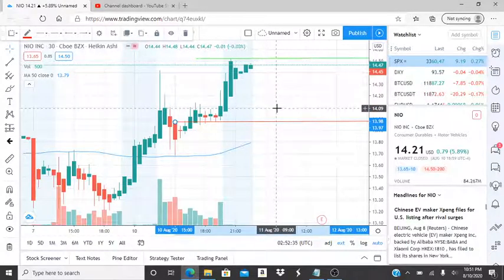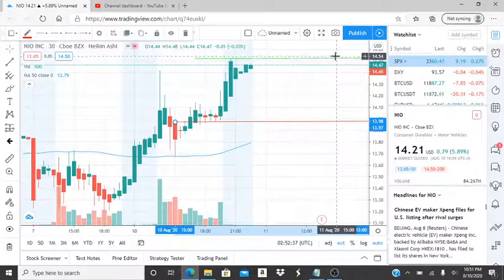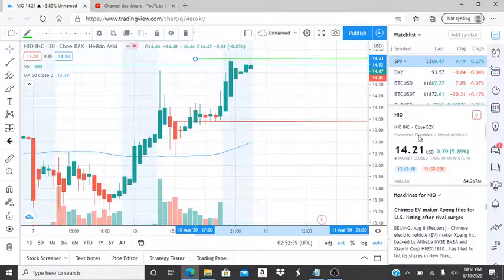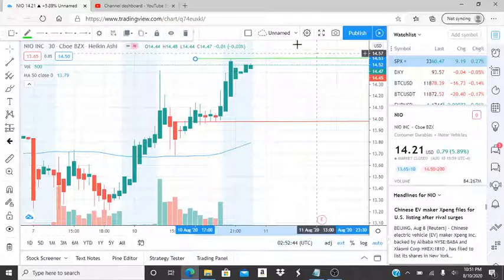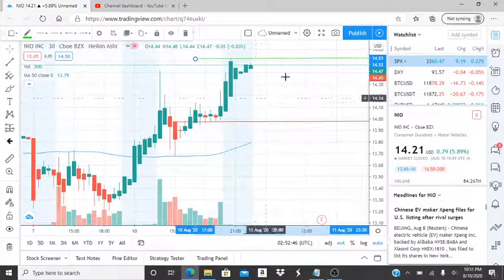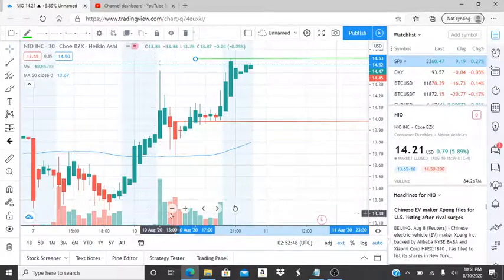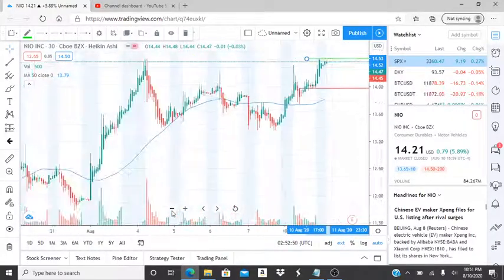But right now, this closed out at 14.47. Resistance level is not that far. That's where it got rejected. And it's 14.53. If that can be turned into a support, this bullish rally and run can continue, right?